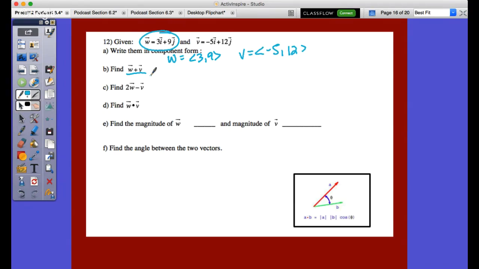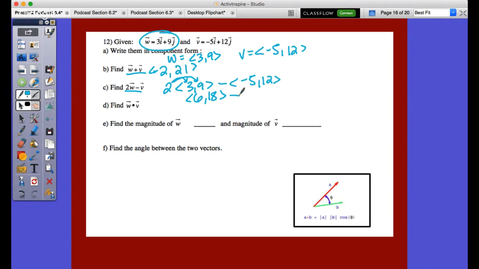W plus V, make sure that you add those up. So if I did, I would say 3 plus -5, which would be -2, 9 plus 12 is 21. Okay, so you can keep them in component form. If I did 2W minus V, that would literally be 2 times 3, 9 minus -5, 12. Okay, so what we would do is distribute the 2 into both to get 6, 18.